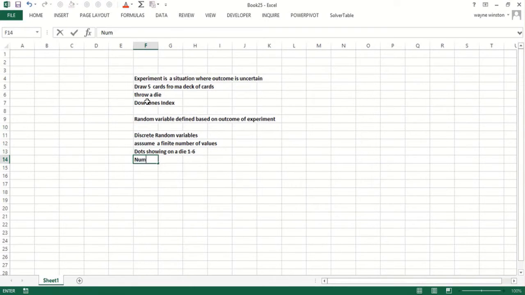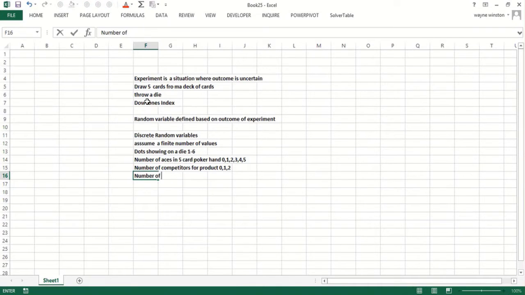Okay, number of aces in a 5-card poker hand. It's going to be 0, 1, 2, 3, 4, 5. Number of competitors for your product. Maybe it's 0, 1, or 2.